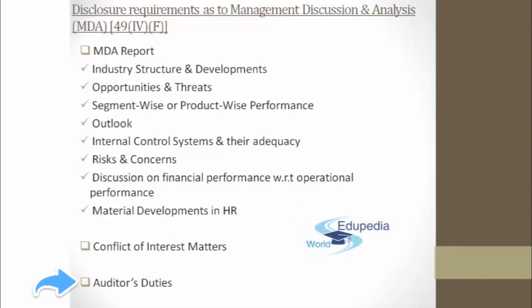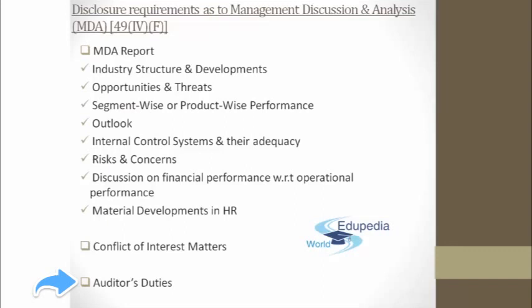Next, you as an auditor should verify whether the segment-wise and product-wise performance disclosed by the management discussion and analysis report is consistent with the data in financial statements, compliant with AS 17 and as per the provisions of the Companies Act as well or not. So that should be your duty. You need to verify whether the segment-wise data and product-wise data has been provided in consistency with the data in financial statements or not. That is your duty as an auditor.